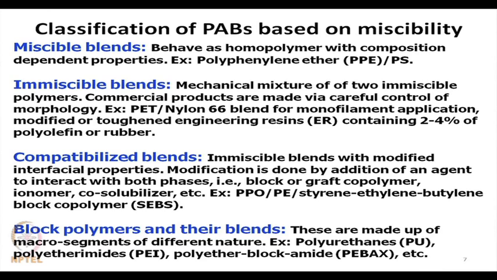and their properties are composition dependent. That means, the properties of the blend depend on the composition of the component polymers. Whether the property available is on a 70-30 basis, that means one component is 70 parts by weight or parts by volume, and the other component is 30 parts by volume or parts by weight.